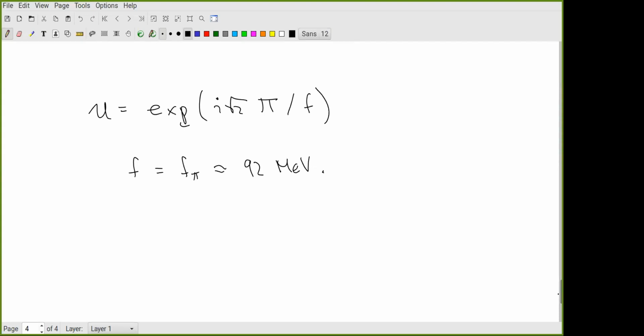Why do we know? Well, maybe the reason is the following: if you have a symmetry of a Lagrangian, but it's spontaneously broken, so it's not realized in the ground state of the theory, then there's a theorem by Goldstone that for each such broken symmetry, there's a massless particle, which is called a Goldstone boson.